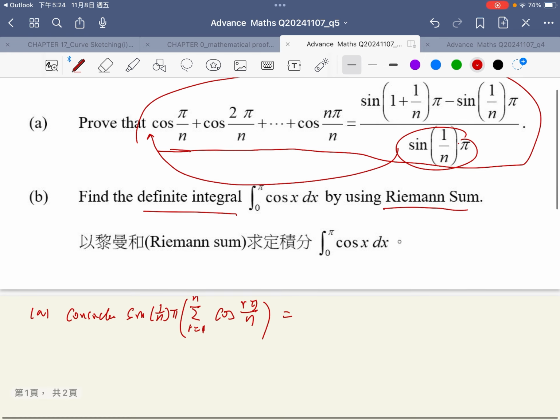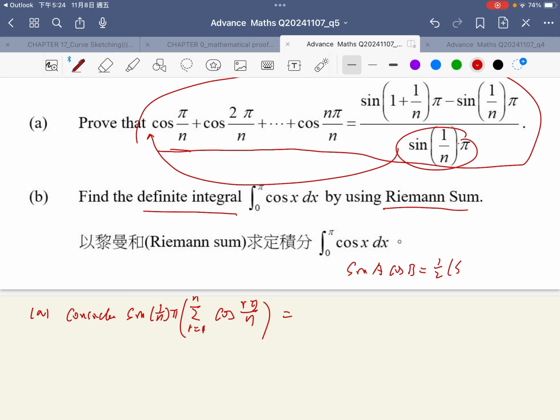Consider this one. By the sine cosine sum to product, sine a times cosine b is equal to 1 over 2 times sine of a plus b minus sine of b minus a.